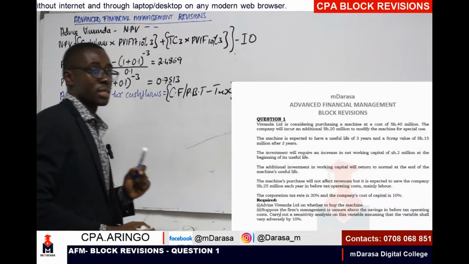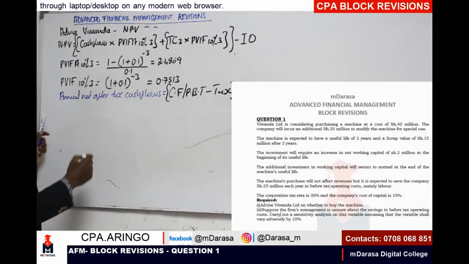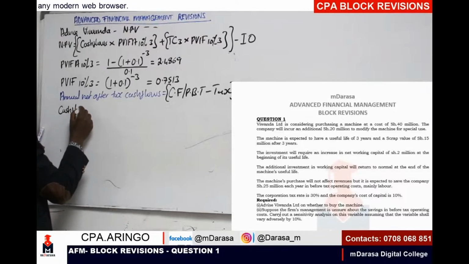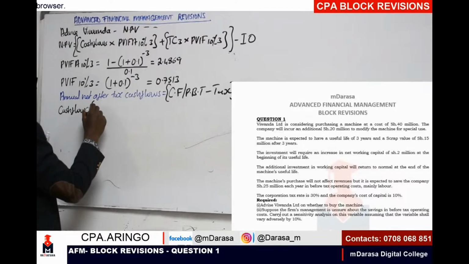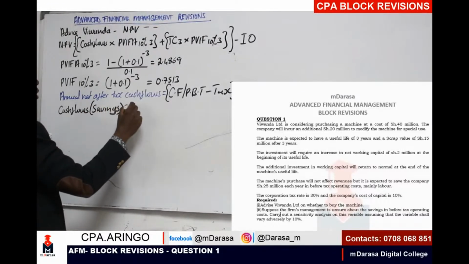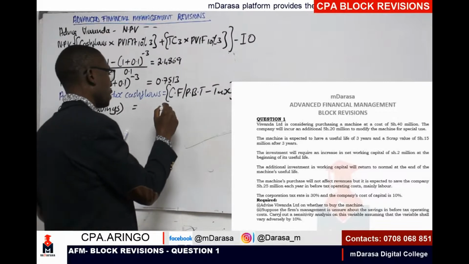So my cash flows in this context will be the annual savings. How much will I have as savings per year? Whatever figure was given there, 25 million.